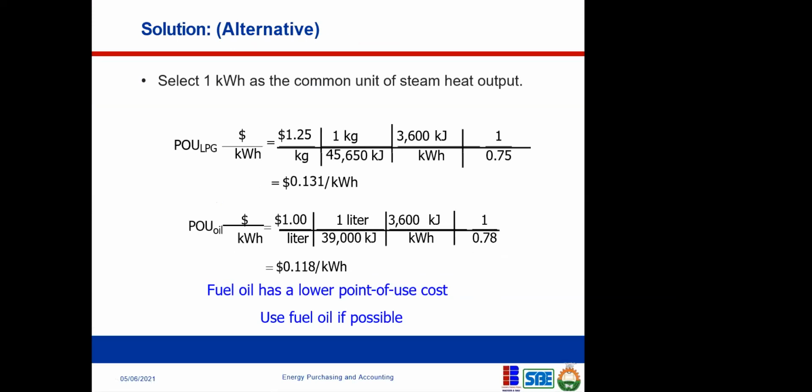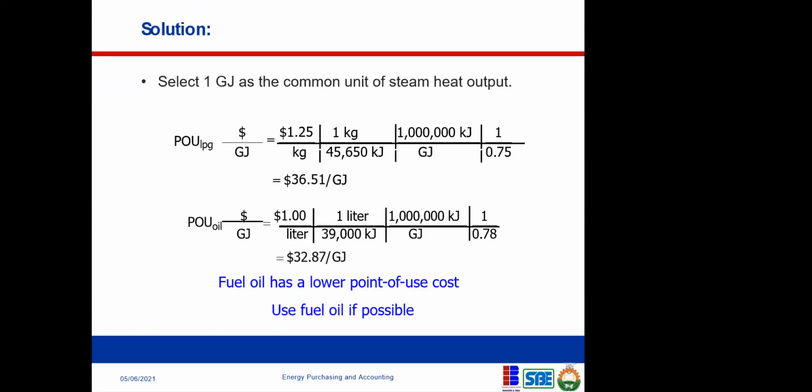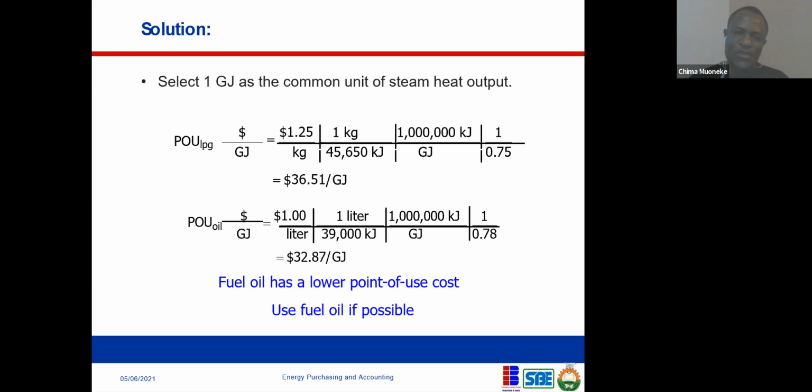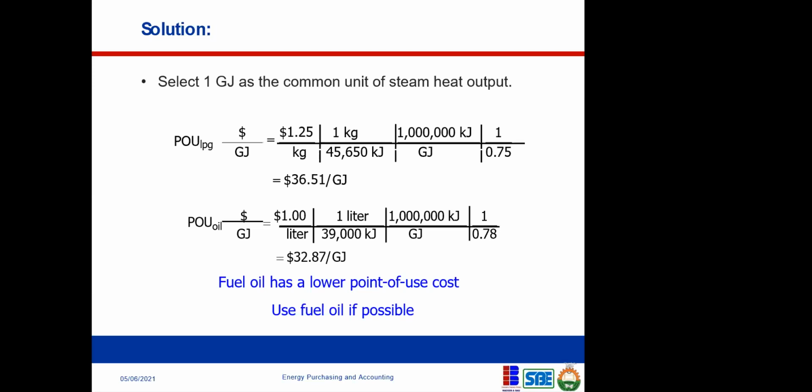One question. Assuming we are not given the conversion factor in the case of LPG, 45,650, is it on the conversion table? Yes, you can go to the converter. Let us check. We want to convert kilograms to gigajoule.